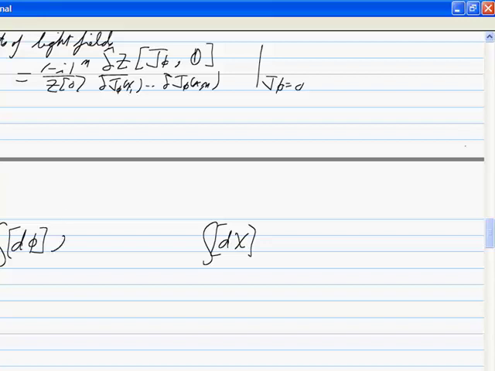So over here I have e to the i integral d4x, L0 of phi plus J_phi phi. That's that piece. And then the stuff that depends on chi is e to the i integral d4y, L0 of chi plus L interaction of phi and chi.